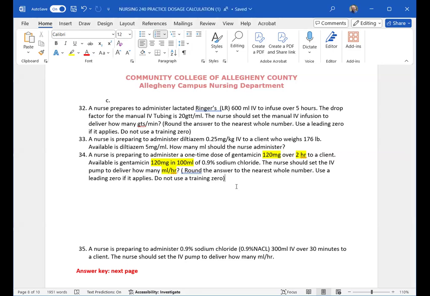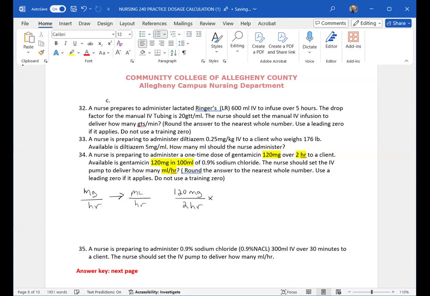Okay, so in this situation, they're asking you to take your milligrams per hour and convert that to milliliters per hour. They tell you that you have 120 milligrams infusing over 2 hours, and we just need to convert milligrams to milliliters.